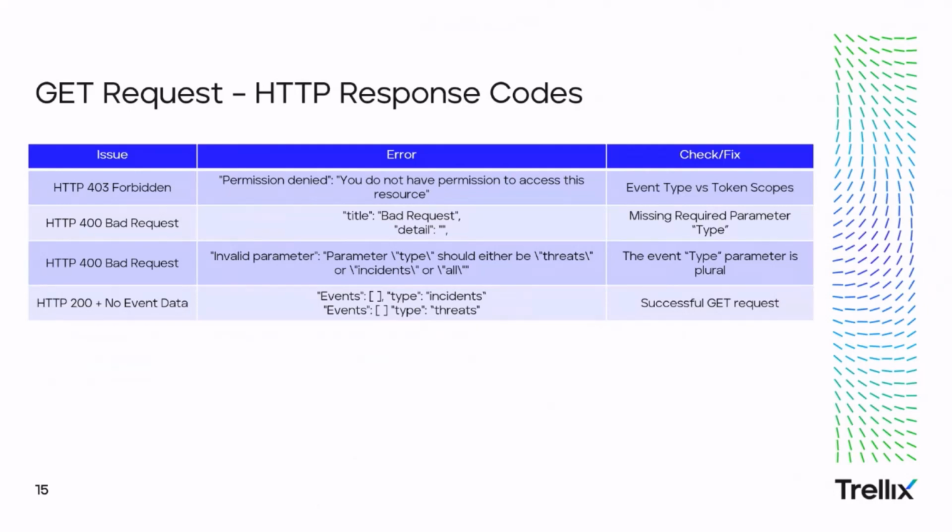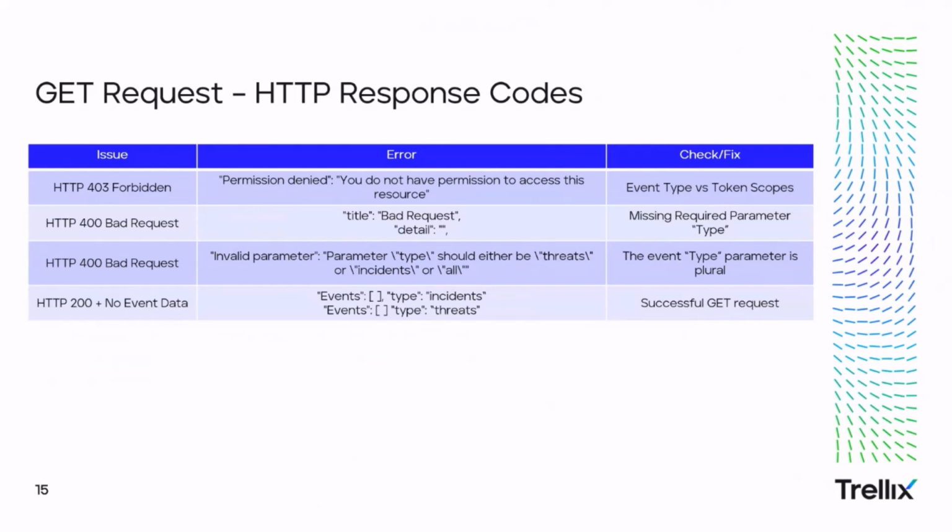So for example, if the token was requested using only the EPO evt.r scope, and your GET request was for events type equals all, well, that token does not have permissions to read DLP incident data. So the request will fail with the HTTP 403 response and give you the permissions denied error.